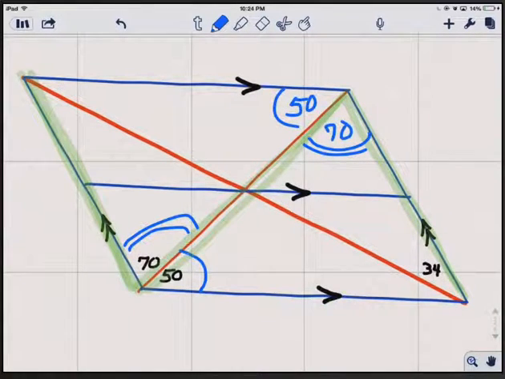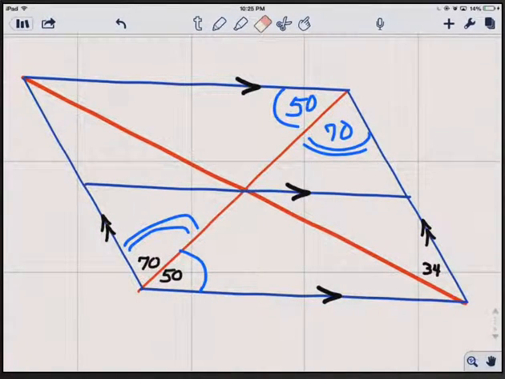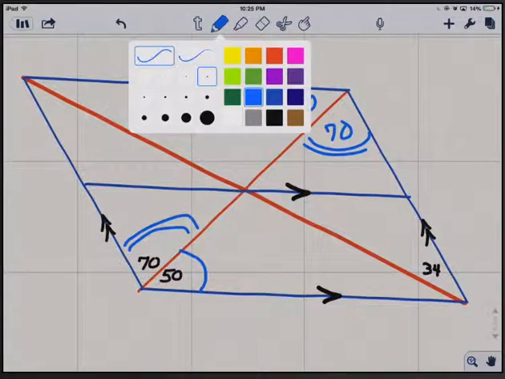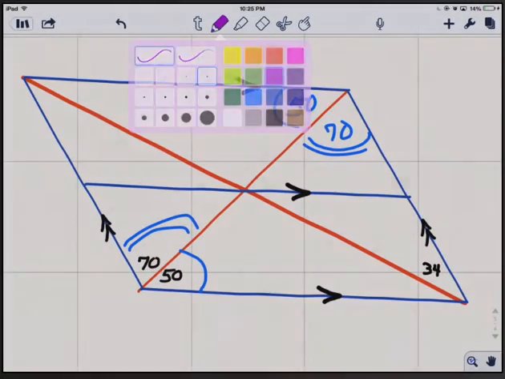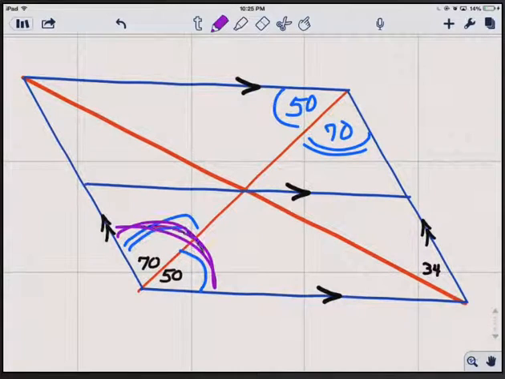What I'm going to do is back up on some of this, and I'll erase too much. And looking at this angle, let's get a different color. Those two angles are adjacent to each other, so therefore they total 120. 70 plus 50 is equal to 120.